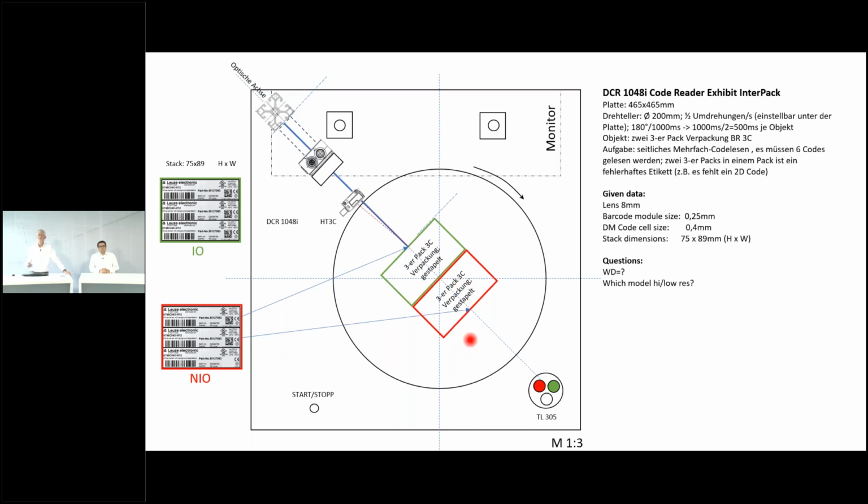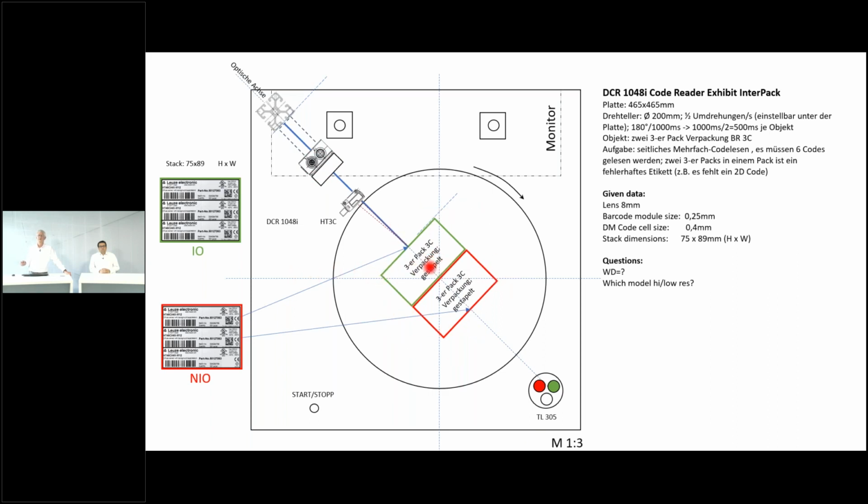What you can see here is an application which we just finished for the Interpack trade show. We have an exhibit blade, roughly 450 millimeters, a square blade. We have a code reader over here, as you can see, and we have two objects which are rotating on the turntable at high speed.